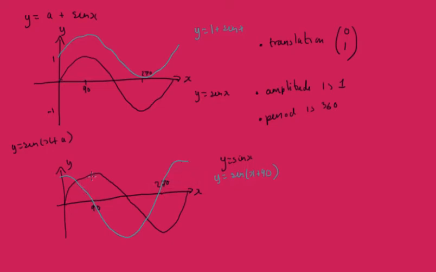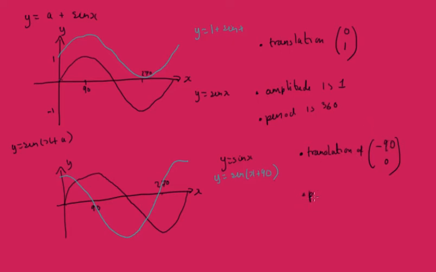So this is like taking our sine graph and dragging it along to here. So this is a translation of minus 90, 0. So remember for the vector, that's x plus 90, but the translation in the x coordinate goes to minus 90.